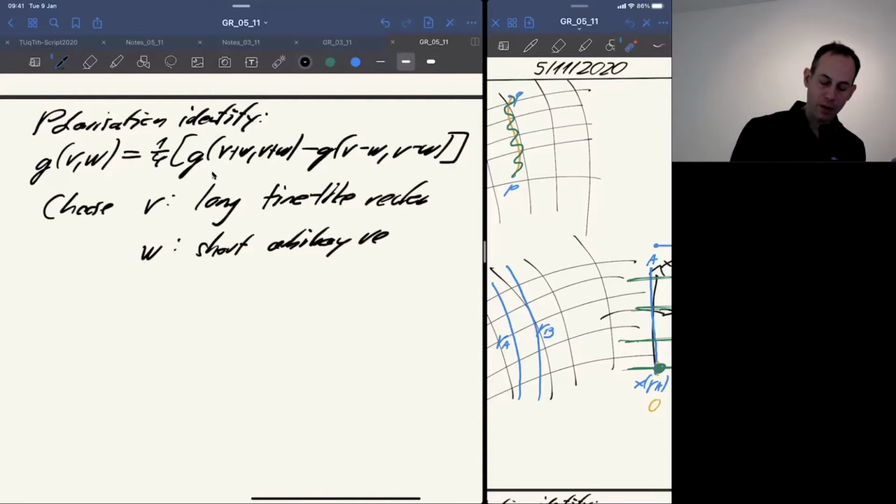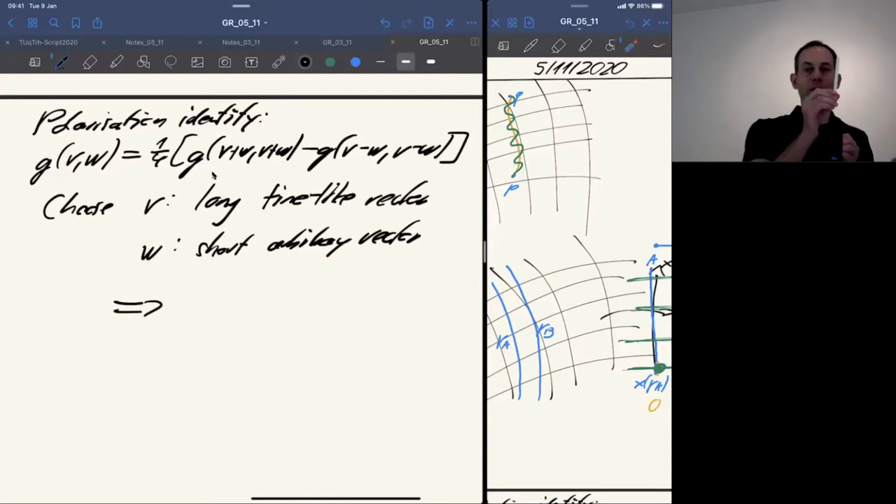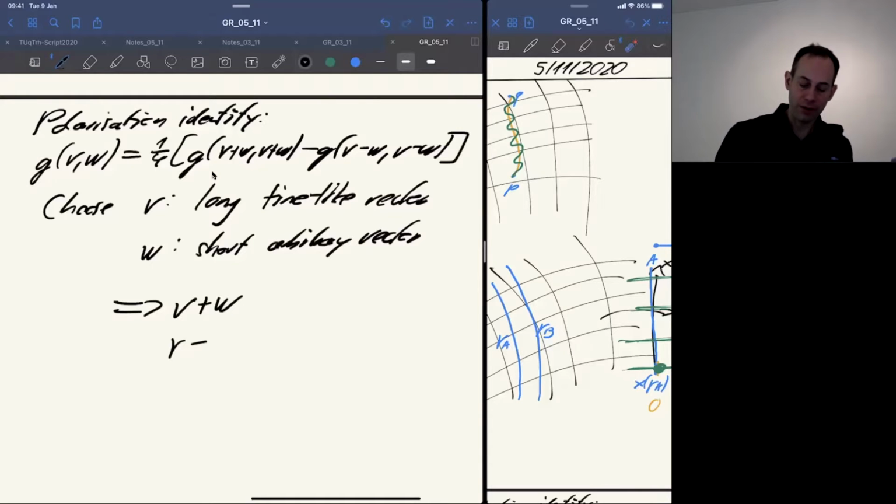And by long and short, what I mean by that, it should just be such that if v is time-like, if you think, for example, in Minkowski space and v is pointing upwards in this time direction, then if you add a small vector in another direction, so this w, then it will still be a time-like vector. So in other words, I just require that v plus w as well as v minus w are still time-like.